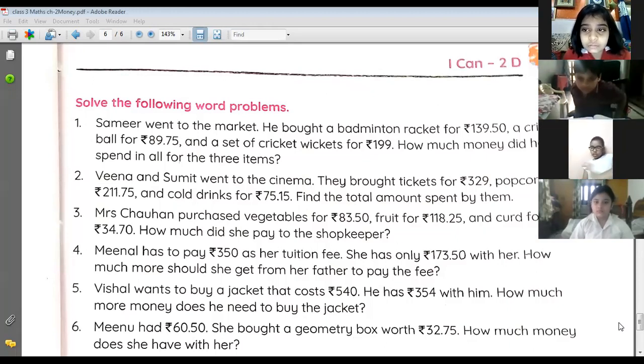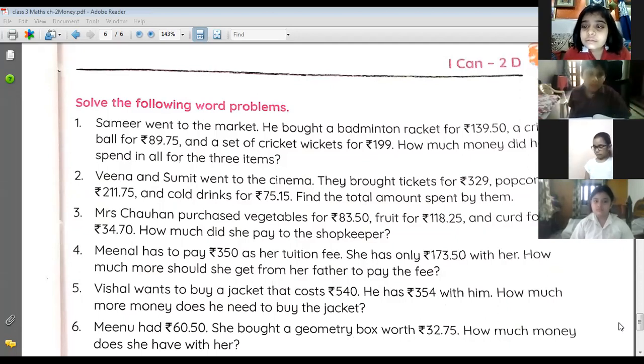Okay, simply again ma'am is going to repeat the statement. First of all, the cost of the badminton racket is equal to dash. The cost of the cricket ball is equal to dash. The cost of the cricket wickets is equal to dash. Okay, and in the last, after adding all the different items, we have to write down the total amount.